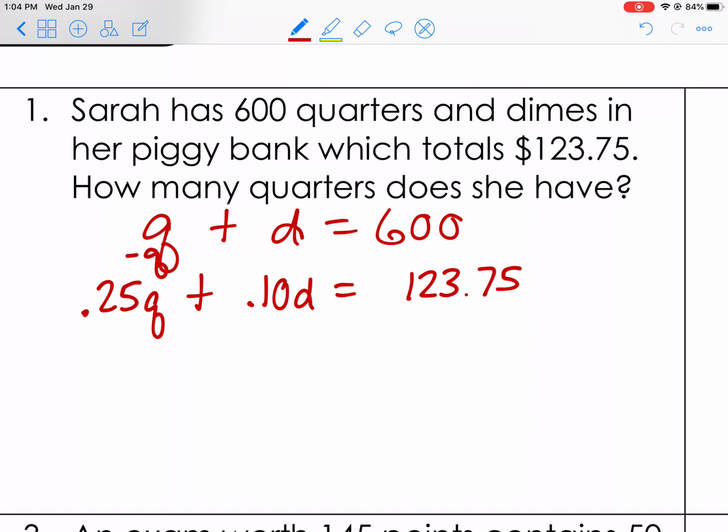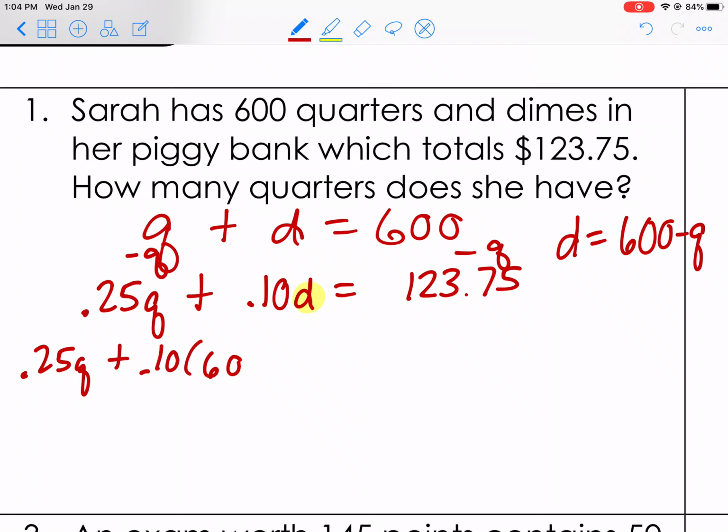So if we subtract Q from both sides of this equation, we would get D equals 600 minus Q. Then I'm going to go ahead and plug that in right there. So I'll rewrite my equation. Okay, then we want to distribute here.